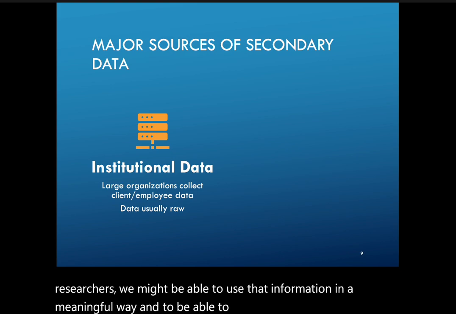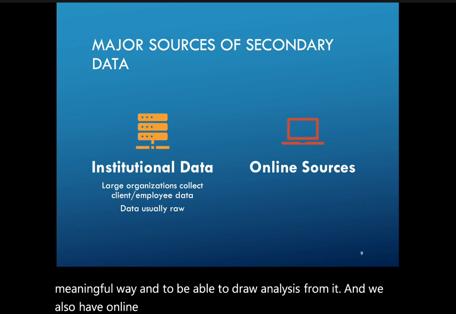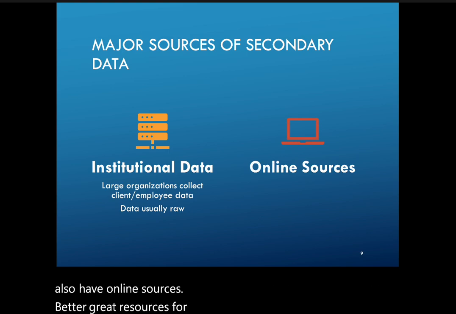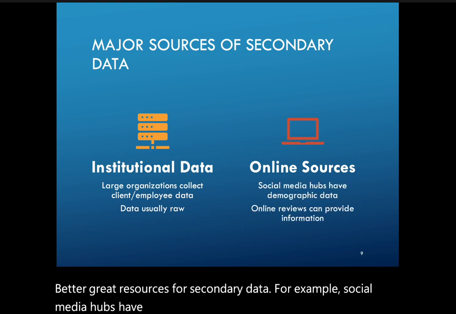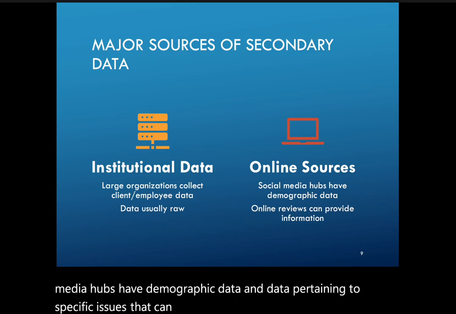And as researchers, we might be able to use that information in a meaningful way and draw analyses from it. And we also have online sources that are great resources for secondary data. For example, social media hubs have demographic data and data pertaining to specific issues that can lead to a lot of information about research that we're interested in.